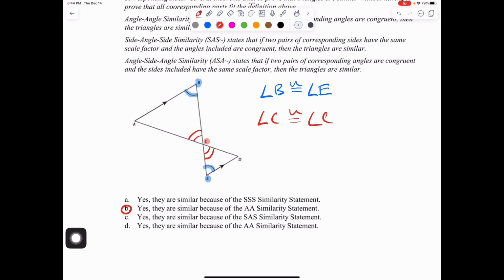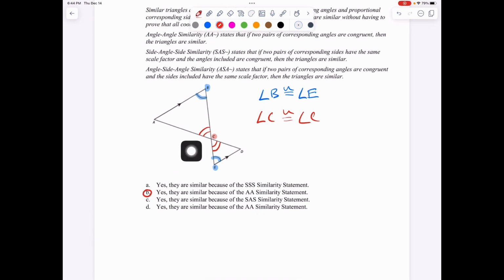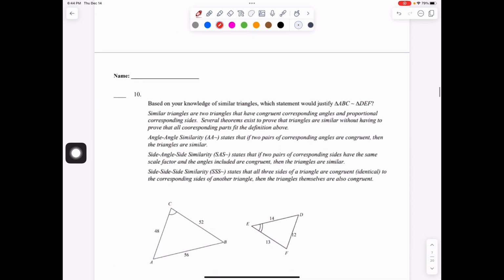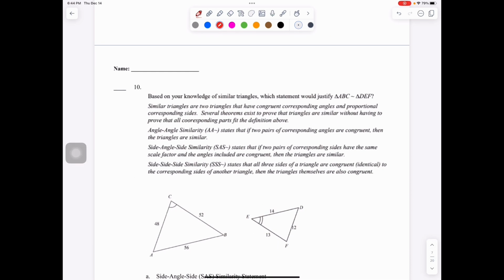I don't know why. So if you circled B or D, on the review, 100% it's correct. When you see this, you have to recognize that C right here is a vertical angle, so they are congruent. Take what each of these questions is giving you and just apply what you know.